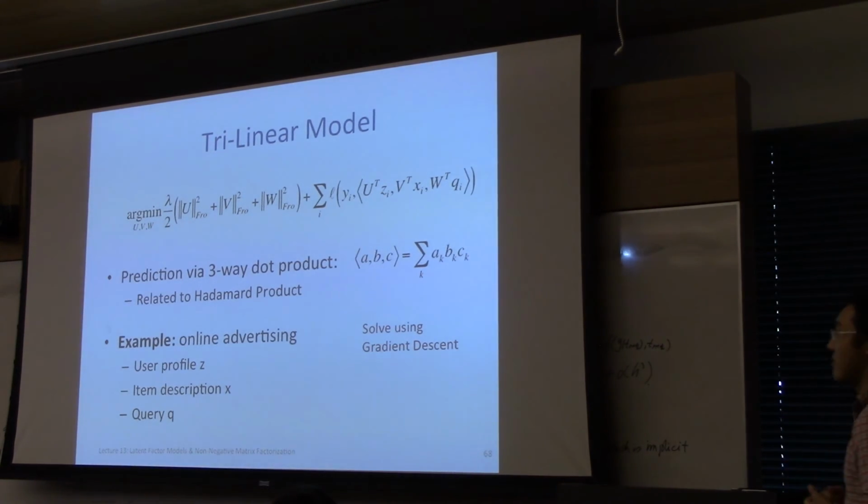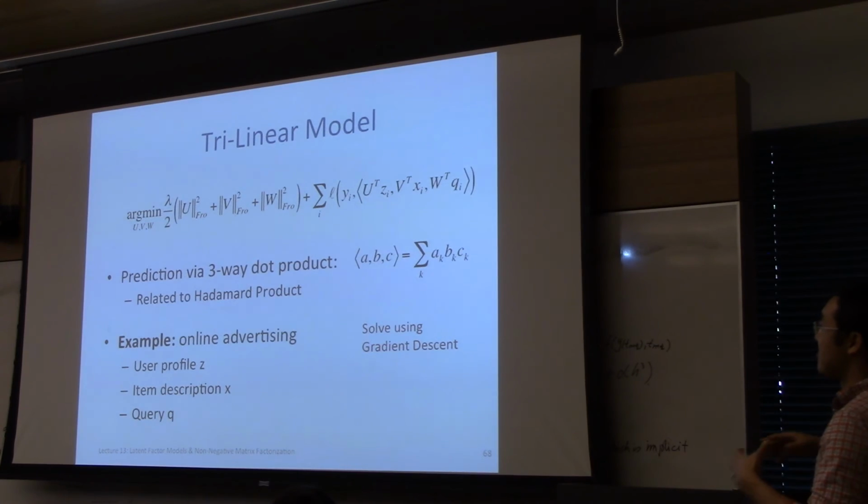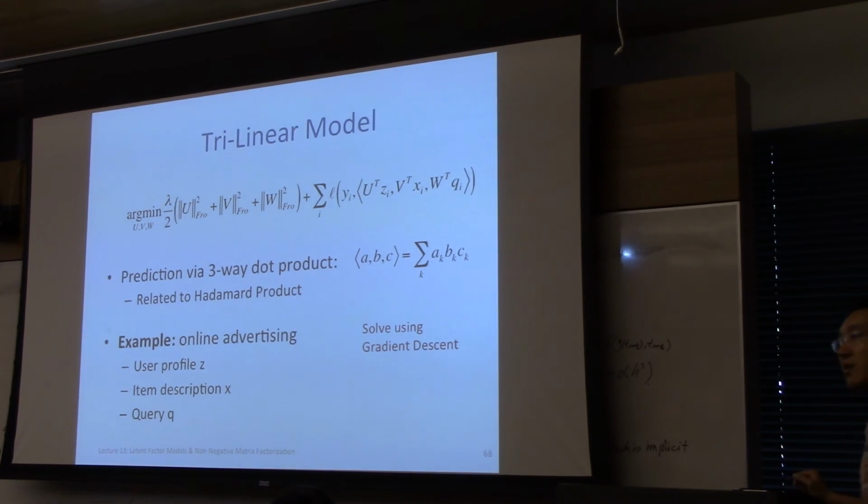It's a trilinear model. Again, this can be an incredibly large model parameter space, and we can make the same low-rank assumption that it factorizes into 3 relatively low-rank matrices. This is just a 3-way dot product, which is related to the Hadamard product.